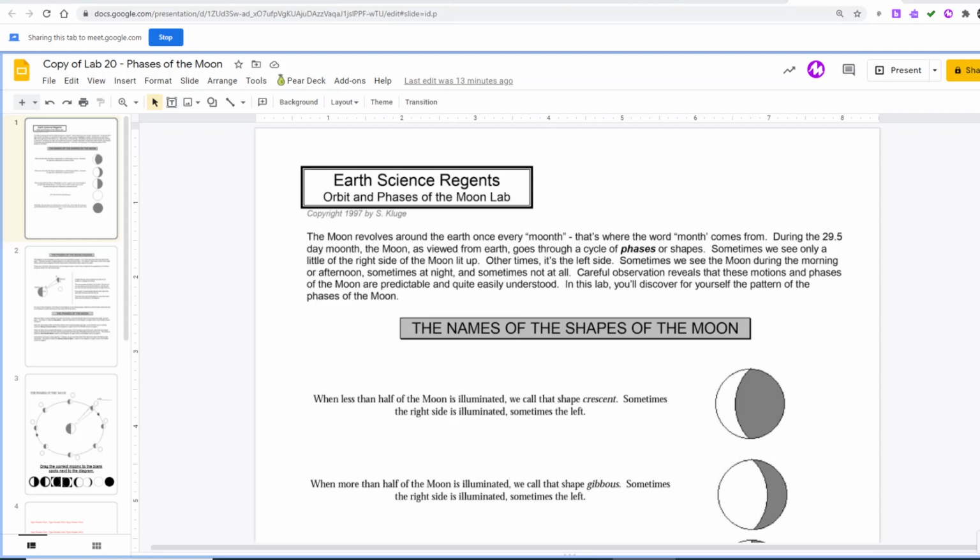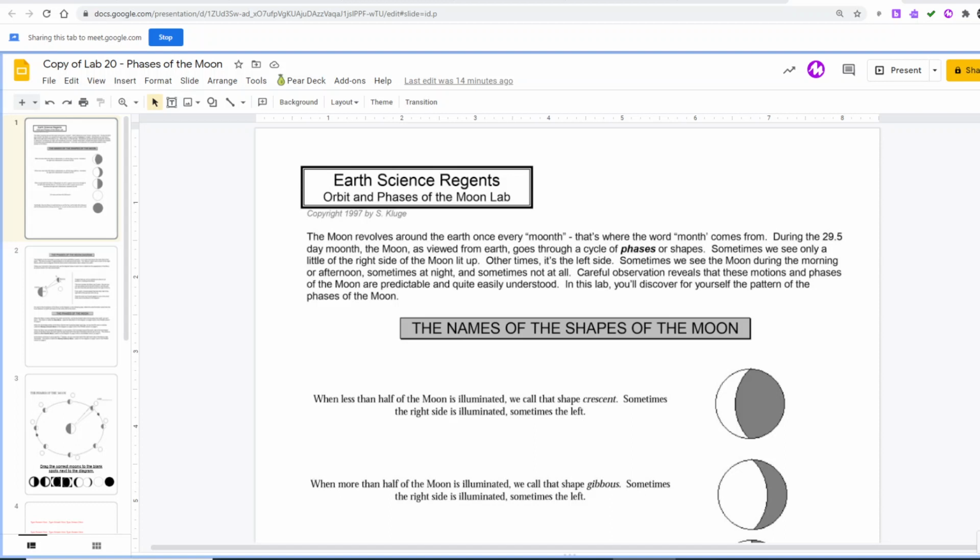Introduction says here the moon revolves around the Earth once every month. That's where the word month comes from, which is during the 29.5-day cycle, the moon, as viewed from the Earth, goes through a cycle of phases or shapes. Sometimes we only see a little of the right side of the moon lit up.